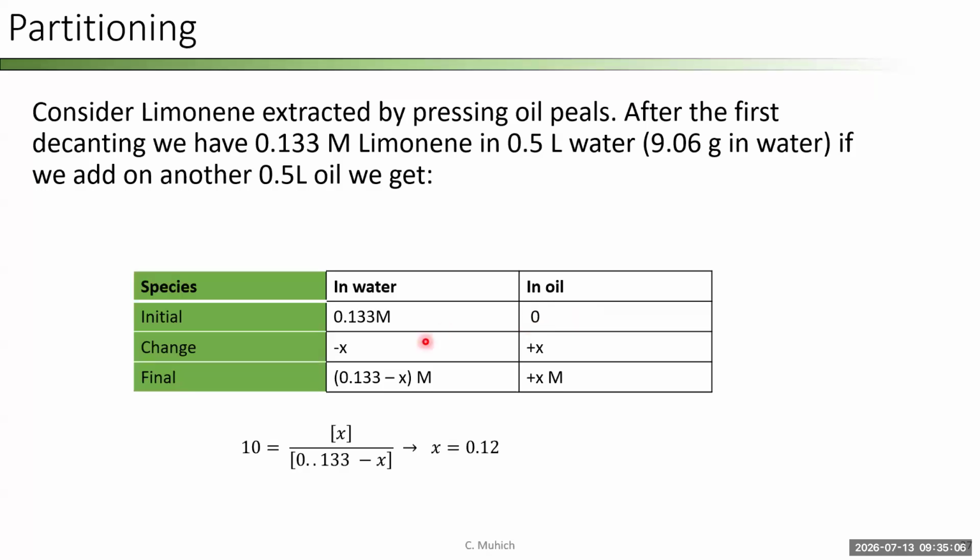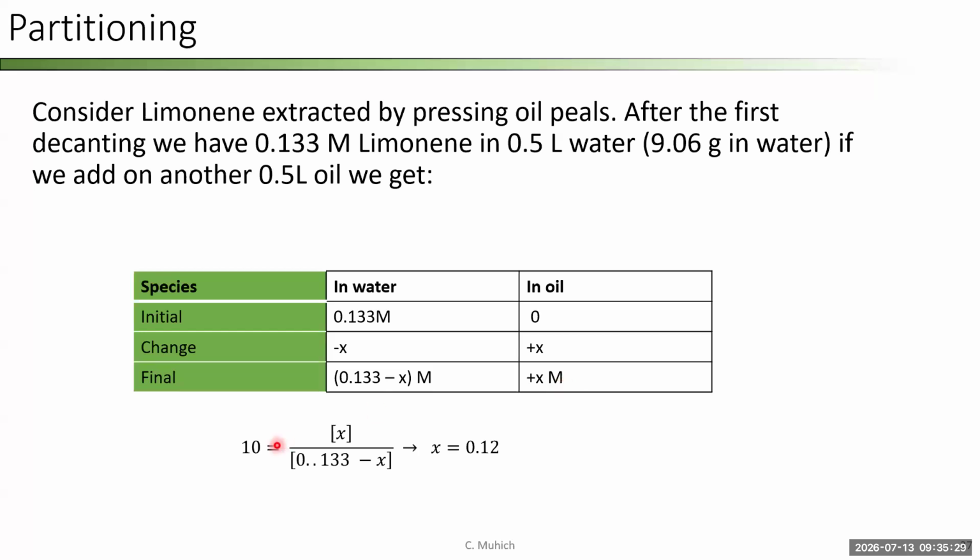If I allow it to reach equilibrium, limonene is going to leave the water and move to the oil. So I have a change of minus X in the water, plus X in the oil. This gives me a final concentration of 0.133 minus X molar in the water and X molar in the oil.